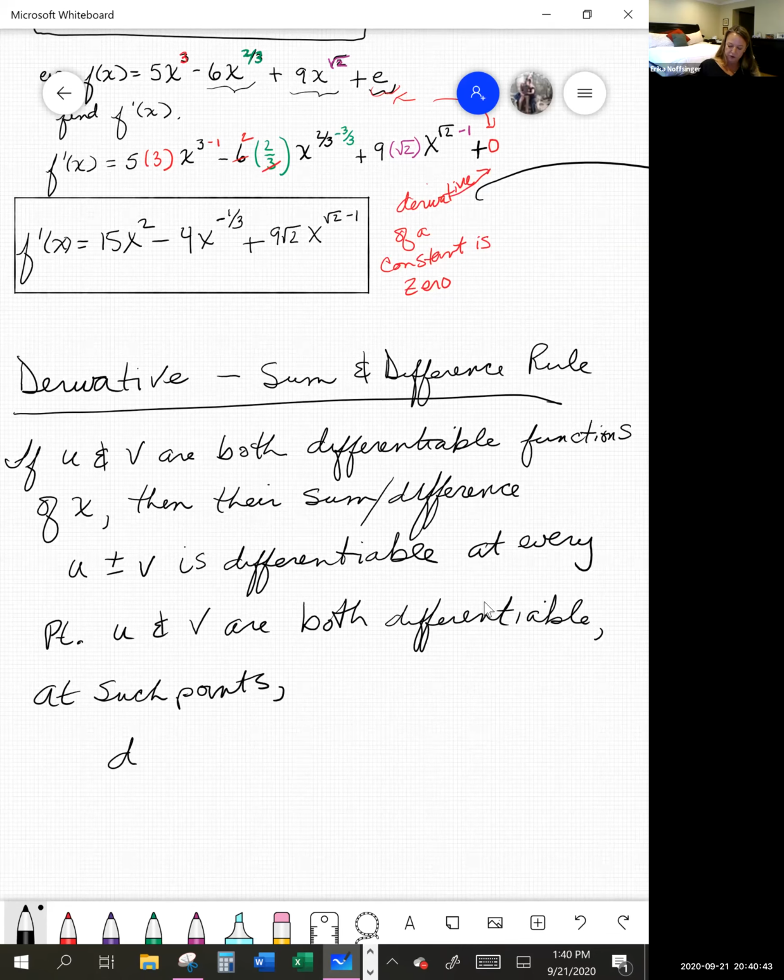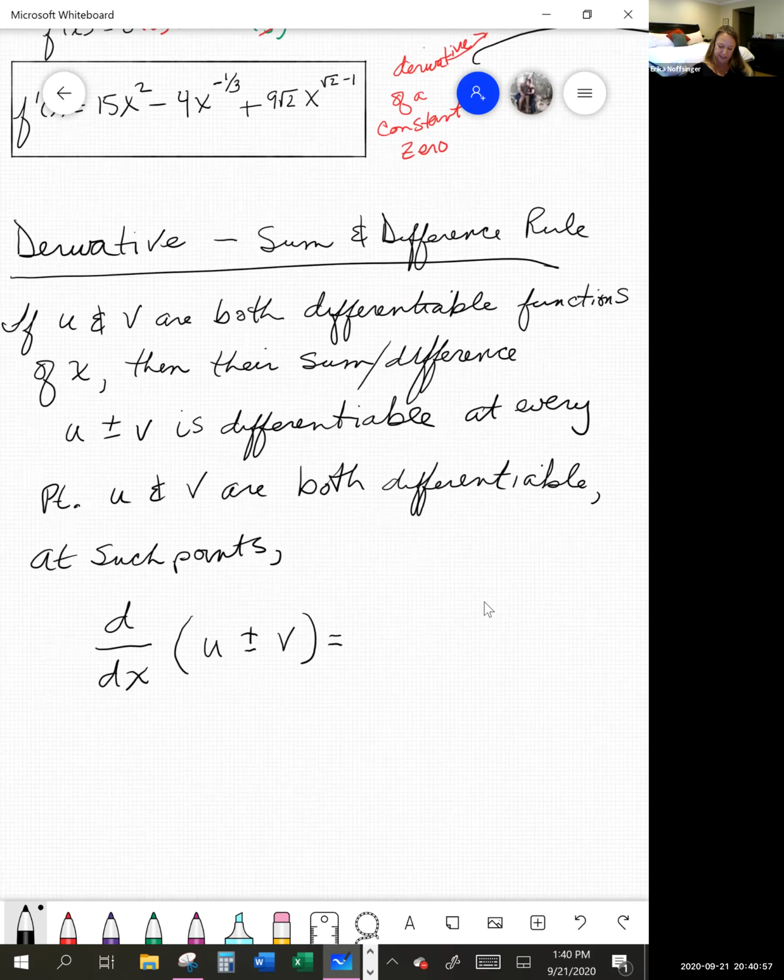If I look at the derivative, so d dx, of something I'm looking at the derivative of finding, which is u, in our case, plus or minus v, this is the same thing as looking at the derivative dx of u plus or minus the derivative with respect to x of our function v.